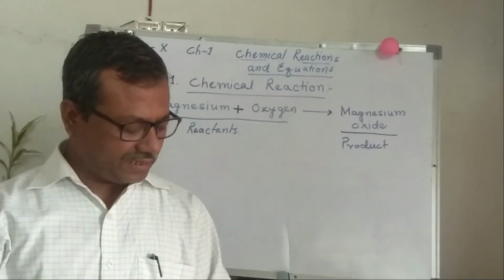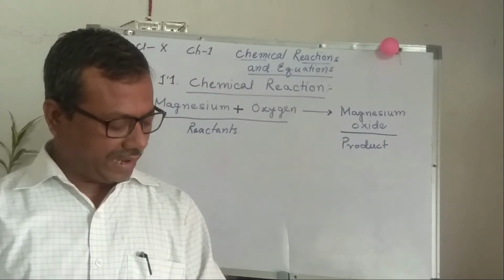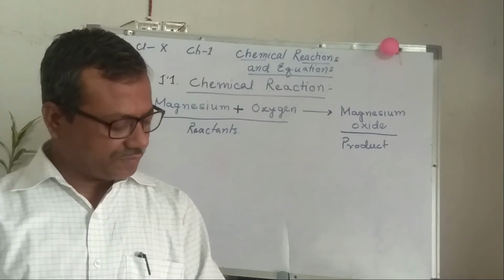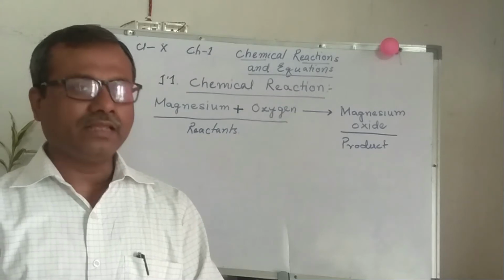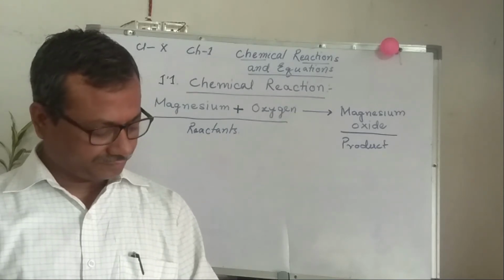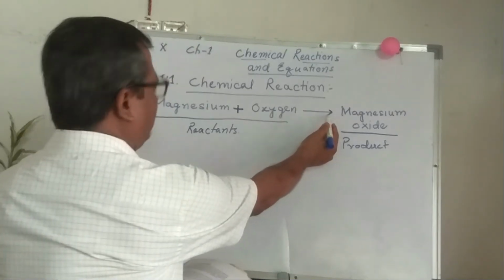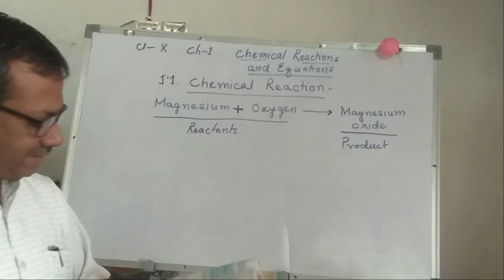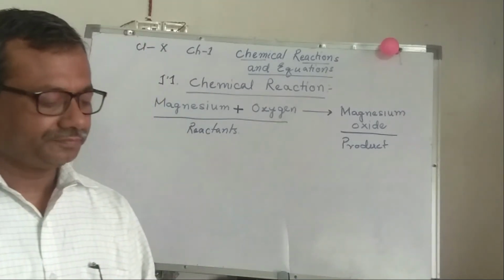The substances that undergo chemical change in the reaction, magnesium and oxygen, are the reactants. The new substance magnesium oxide formed during the reaction is the product. The arrowhead points towards the products and shows the direction of the reaction.